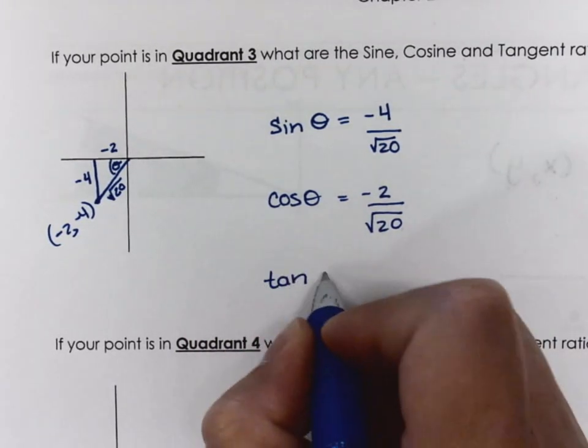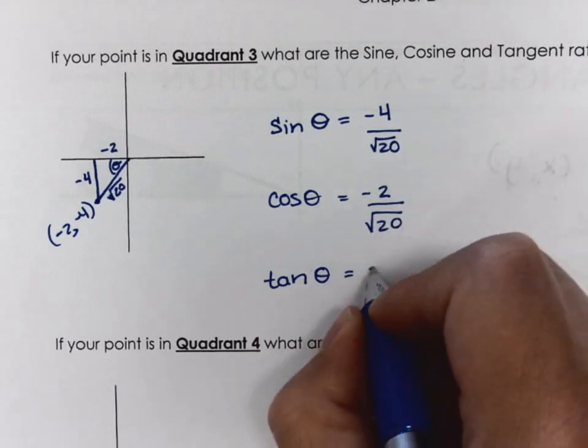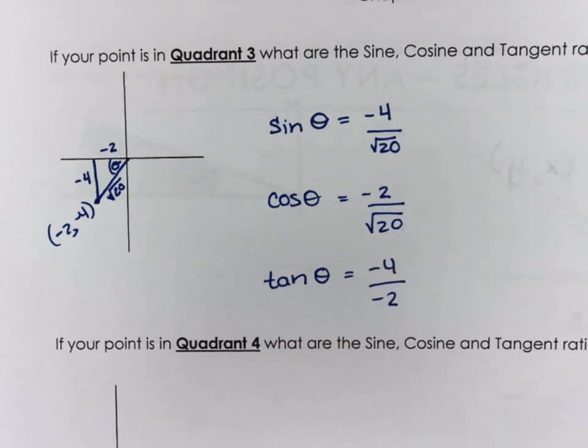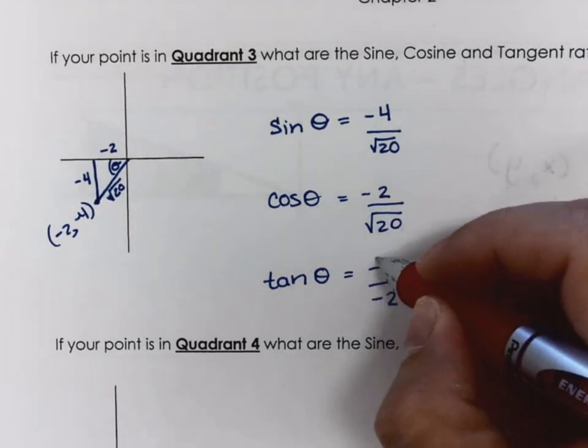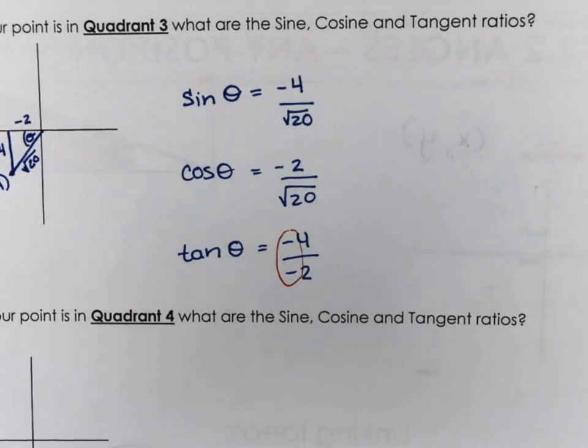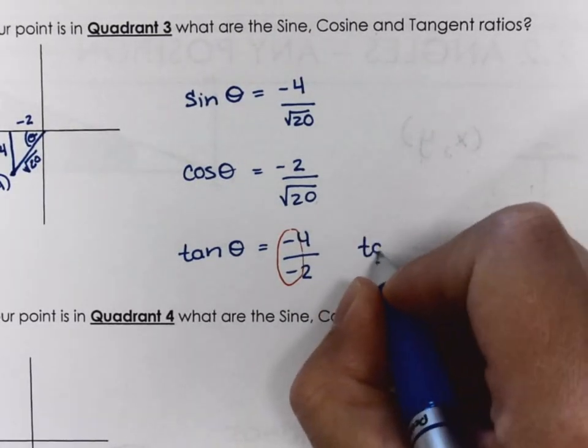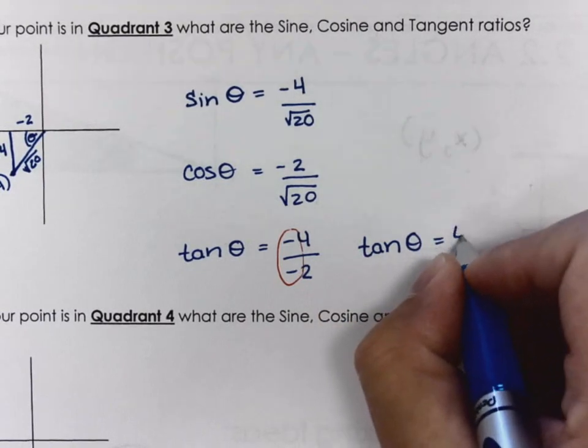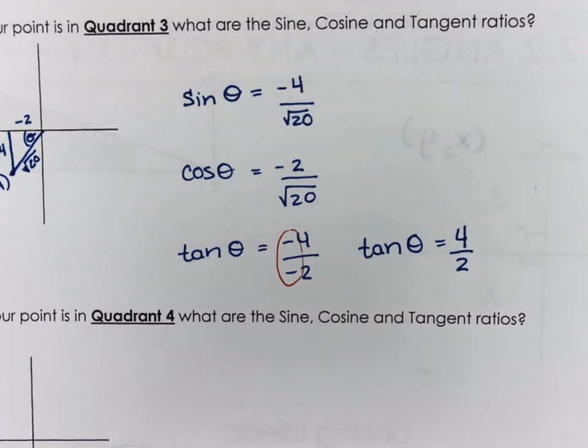And tan is going to be -4 over -2. Now this is where I'm going to get grammatically picky about this. We never want to write something with 2 negatives in it. That's just bad, because I want to know that you understand that that's equivalent to 4/2.